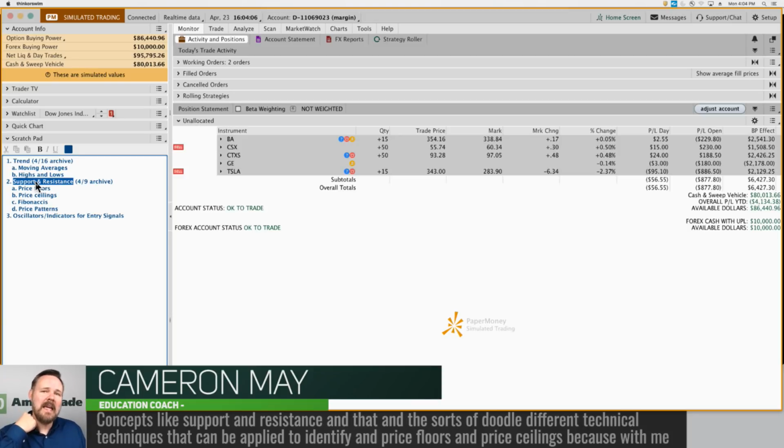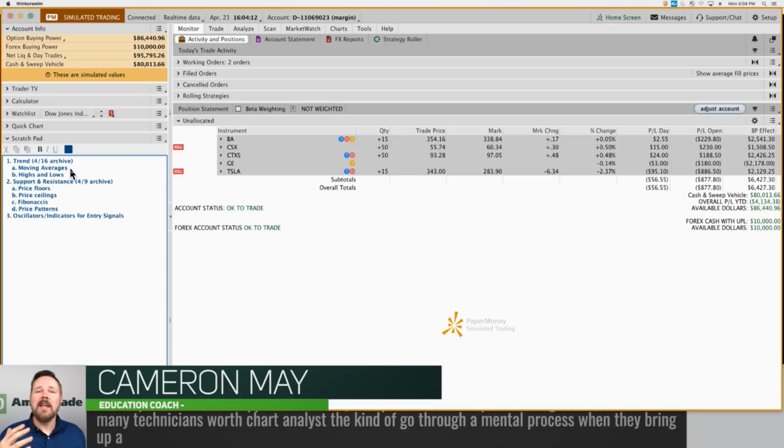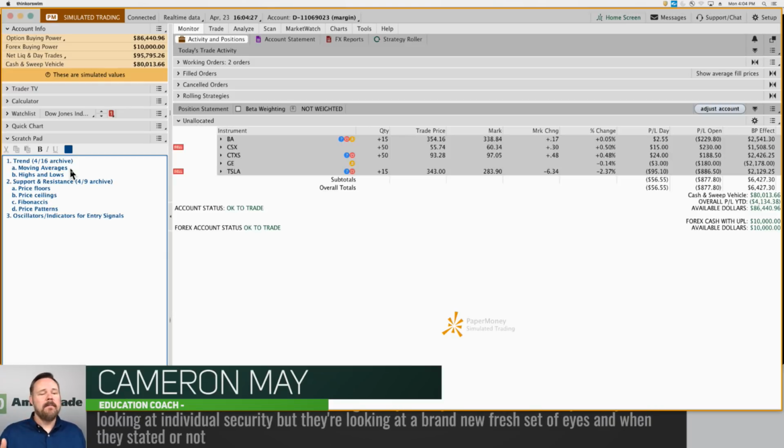Because with many technicians or chart analysts, they'll kind of go through a mental process when they bring up a brand new stock or a brand new chart. Maybe they're looking at the S&P, maybe they're looking at an individual security, but they're looking at a brand new chart, trying to see it through a fresh set of eyes. And whether they state it or not, many people go through a little bit of a mental checklist.